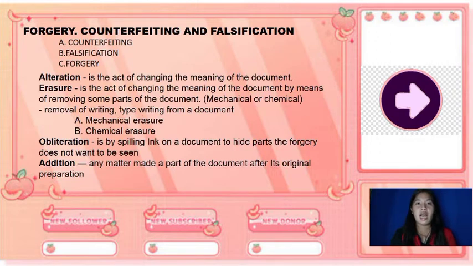Erasure is the act of changing the meaning of the document by removing some parts of the document, mechanically or chemically. Obliteration is spilling ink on a document to hide parts the forger doesn't want to be seen. Addition is any matter made a part of the document after its original preparation.